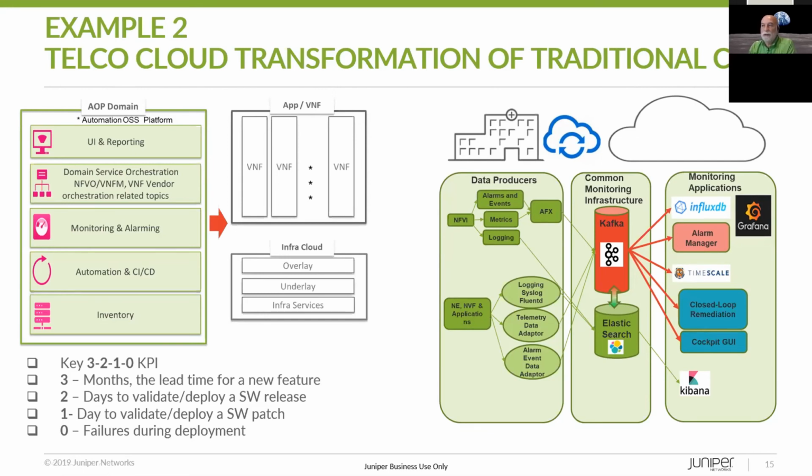This is part of the first layer of the architecture, the so-called underlay. You normalize in order to create a flow of the different definitions of what you see in the network, whether it's alarms and events, metrics, logging, tracing, telemetry, and so forth.